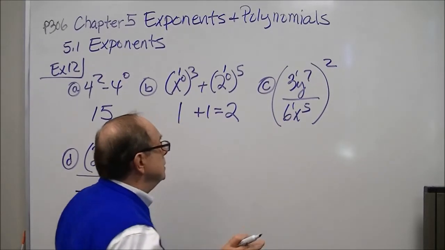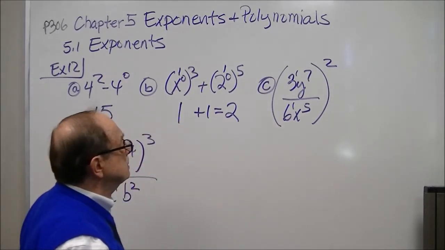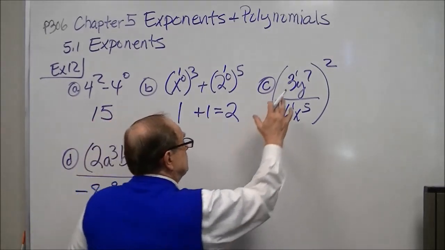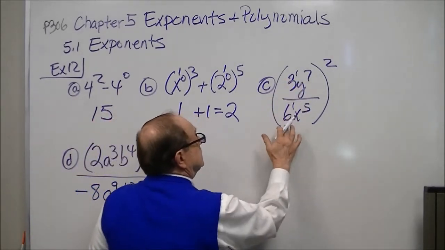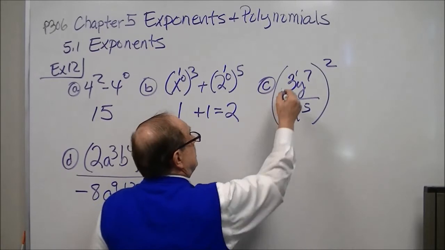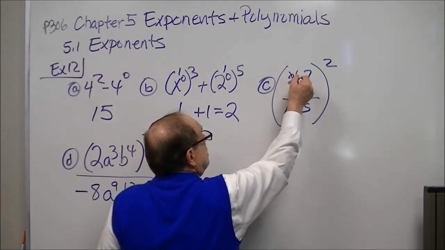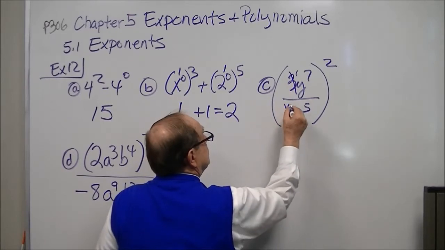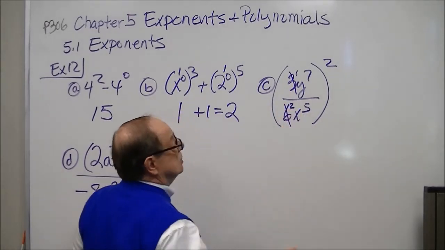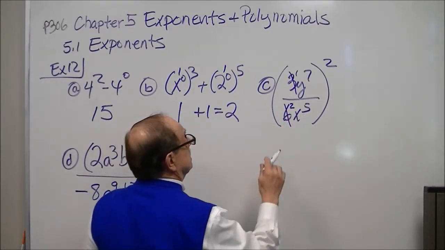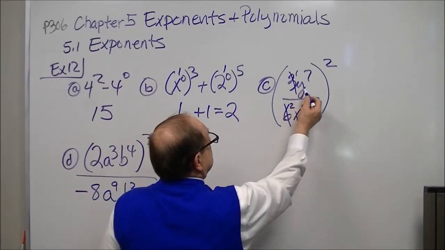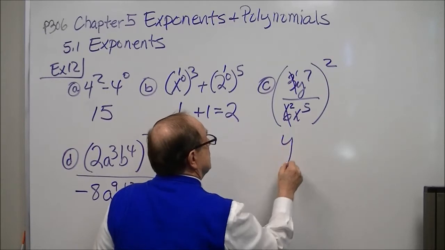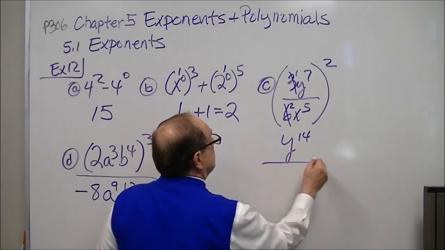Now I'm going to show you something here that may make it a little easier for you. This 3 and the 6 will actually cancel out. So this will be a 1, and this will then be a 2, and that should make it a little easier to calculate. And so this will be y to the 7 times 2, y to the 14th.